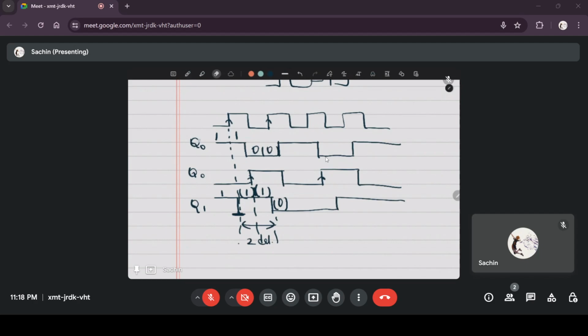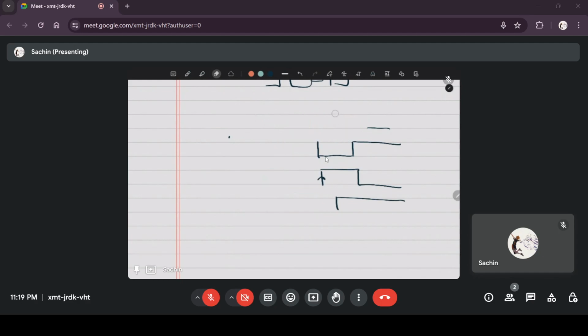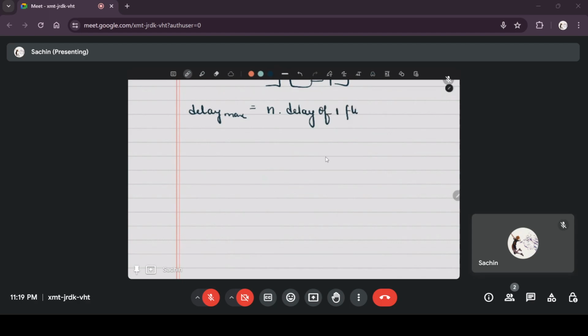If this occurs for n flip-flops, if there are n bits in the output, then the maximum delay that you could have is n times the delay of one flip-flop, where n is equal to the number of output bits, which is equal to the number of flip-flops.